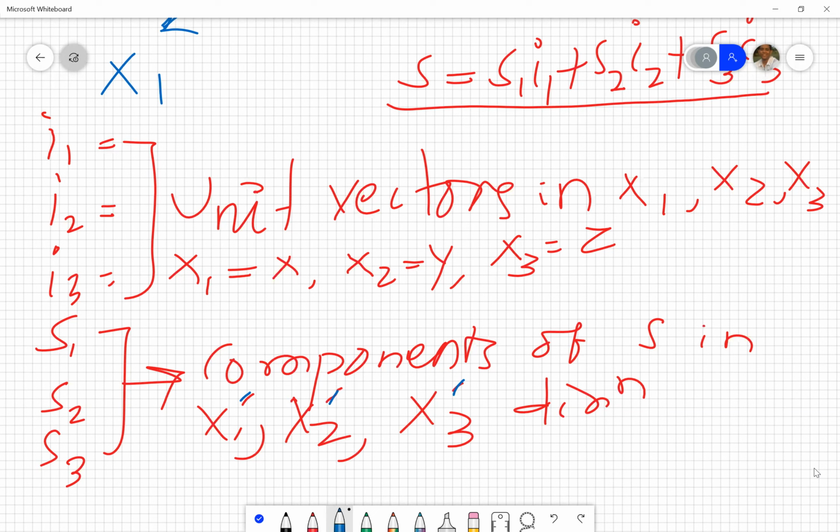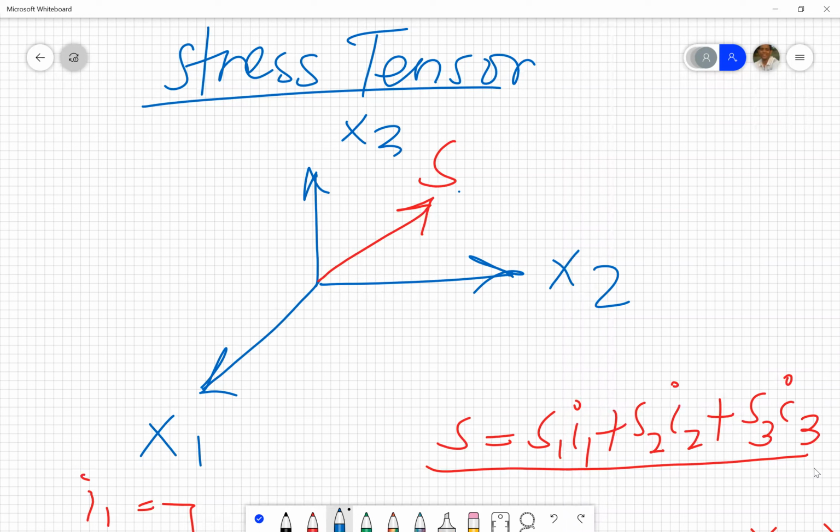So where can we represent x1, x2, and x3? See this figure. We will show where we can locate these different axes. See, this is x1. This direction I can say is x1 dash.